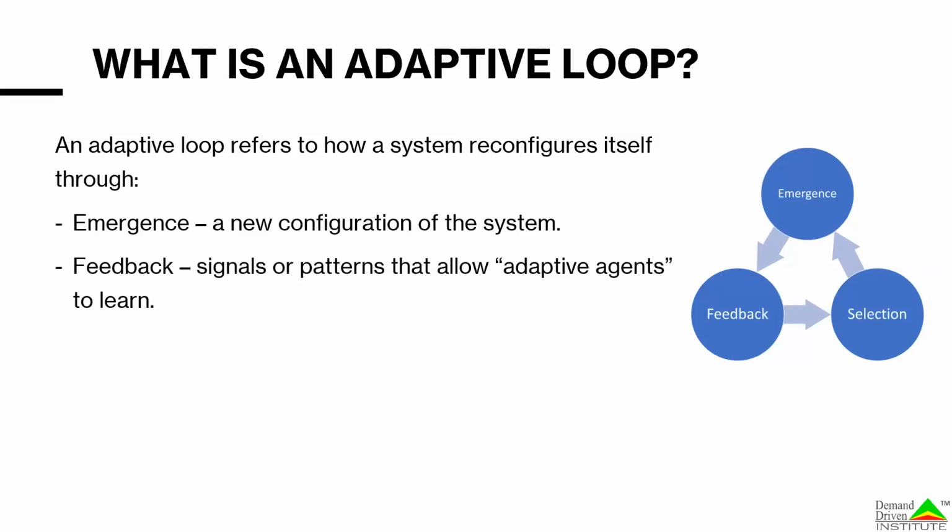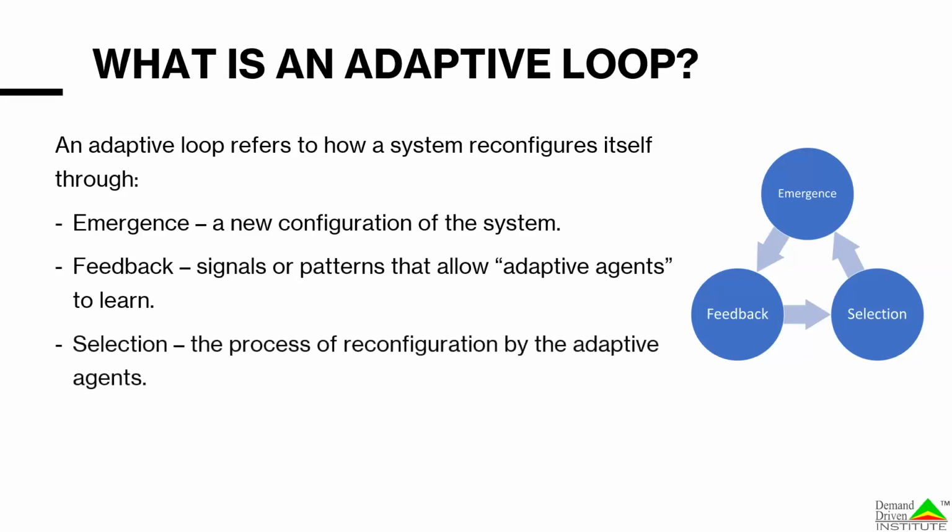And we use this from adaptive agents, you can say people, personnel in the system. They use this feedback to learn in order to do what? To then select a new system configuration. Emergence. So we're going in a circle.